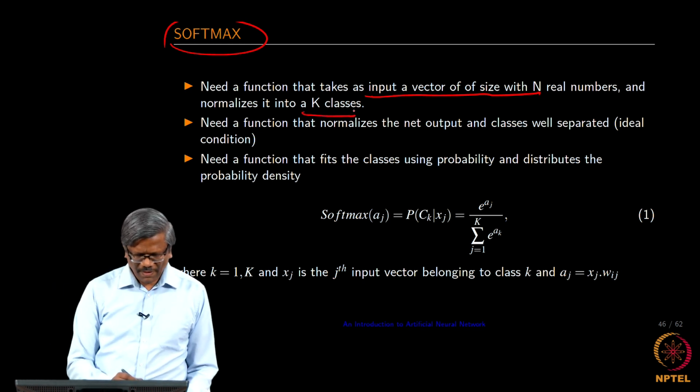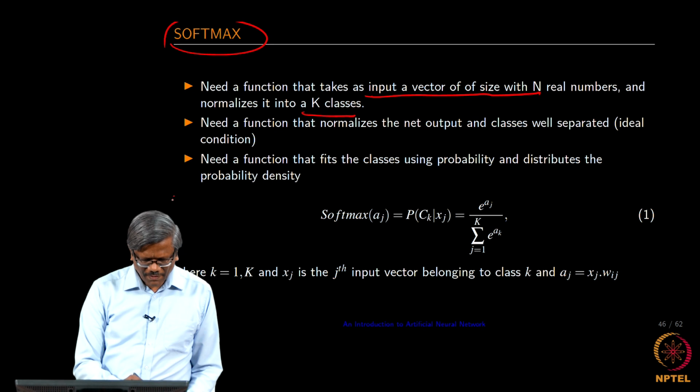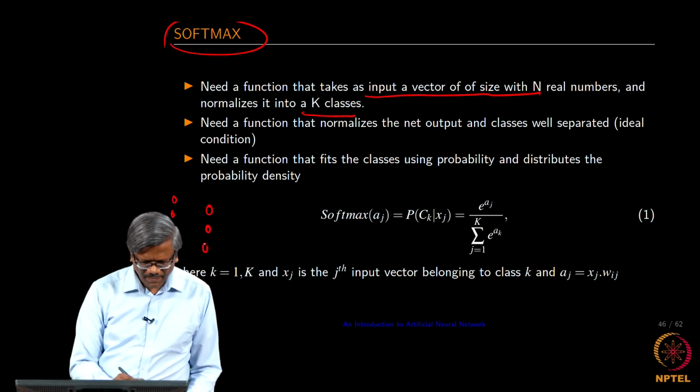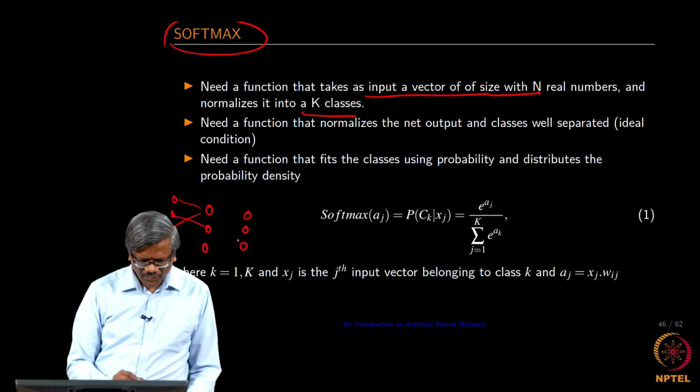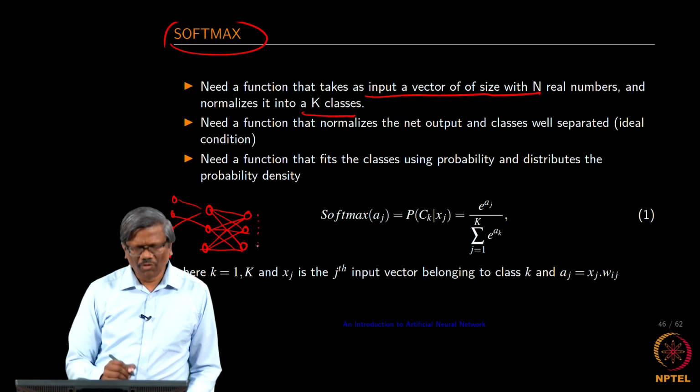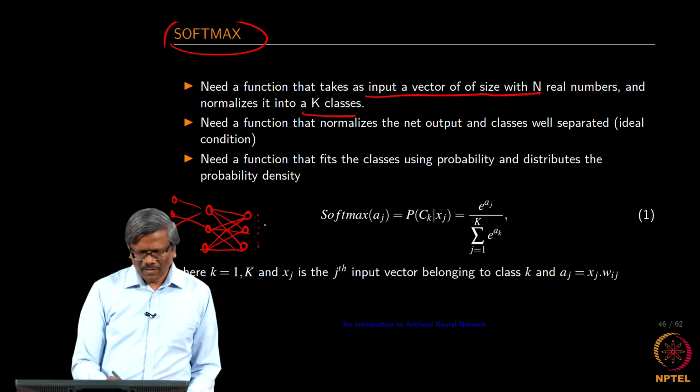Say for example, I have a network that takes input parameters such as these, and this is my input layer, and I have a hidden layer and they are interconnected, and then I have an output layer, again they are interconnected in this fashion, and it should output k classes.